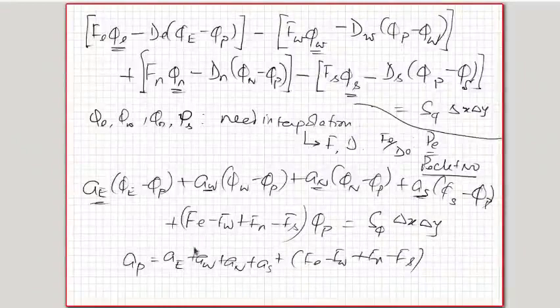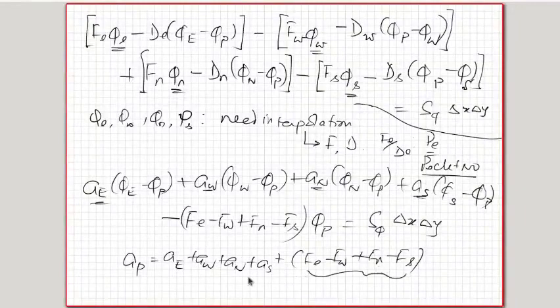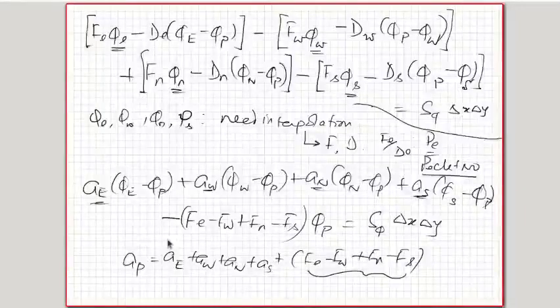There should be a minus sign here. If the continuity equation is correctly satisfied, this would eventually go to 0 in these equations. So this is the way this is defined.